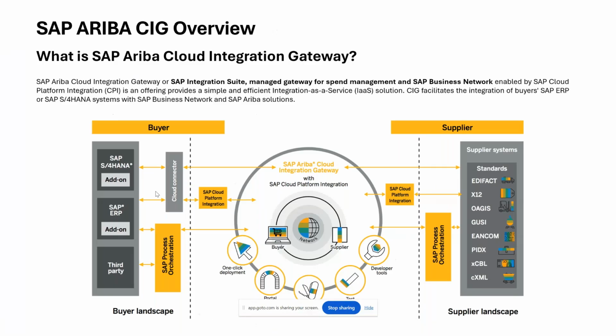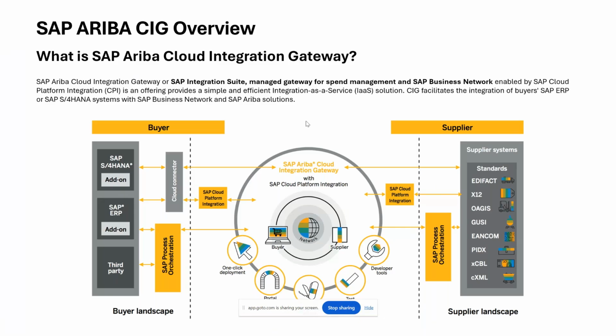Thanks for that. So now let's talk about what is CIG. We have previously discussed how to choose the best integration method, and now we have decided Ariba CIG is my integration method. So what exactly is CIG? Forget about the stuff mentioned here, I'll simply explain it. Any customer who has the corresponding SAP Ariba license in their organization is free to enable the CIG component.